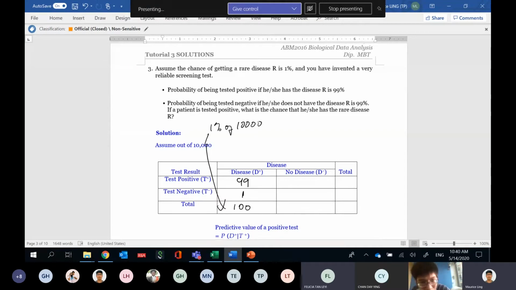Make sense? Okay, so how about this here? Positive and no disease. The opposite. Like test positive, no disease is 1%. Test negative and no disease. So let's say out of this 100, let's give me this number first. This will be you minus it. So it will be 10,000.